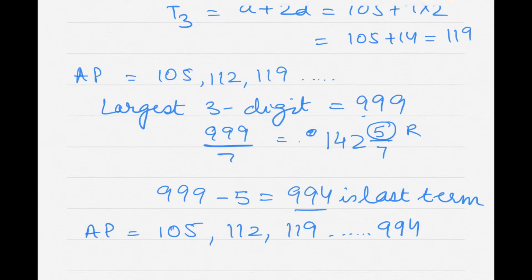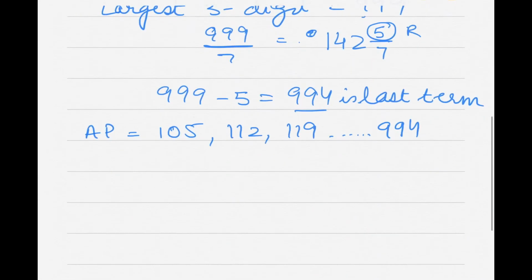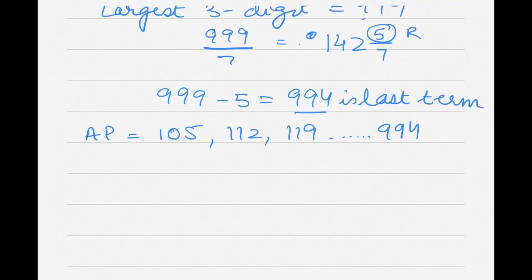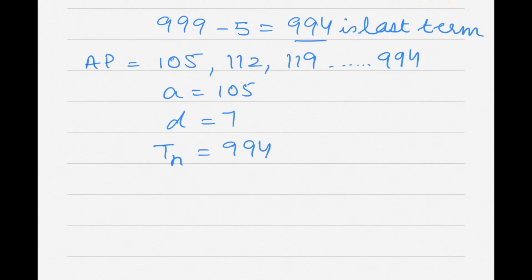So let it be the nth term. A is equal to 105, D is equal to 7, and the last term Tn is equal to 994. So I have to find n, because I have to find how many numbers are divisible by 7.